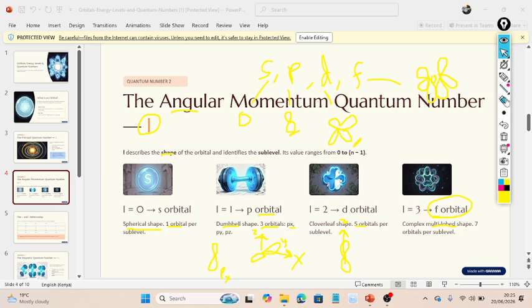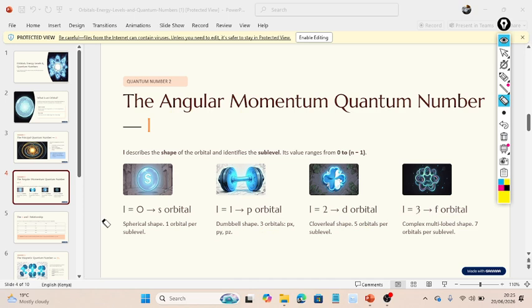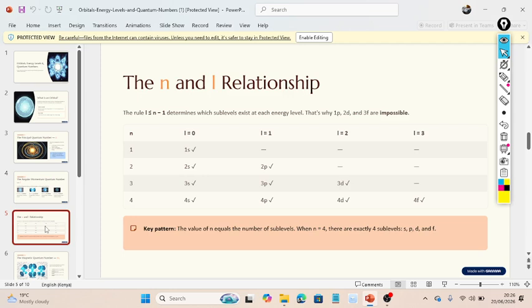Before we talk about our last quantum number, which is the magnetic spin, let's talk about the relationship between the n and the l, that is, the principal quantum number and the angular momentum.